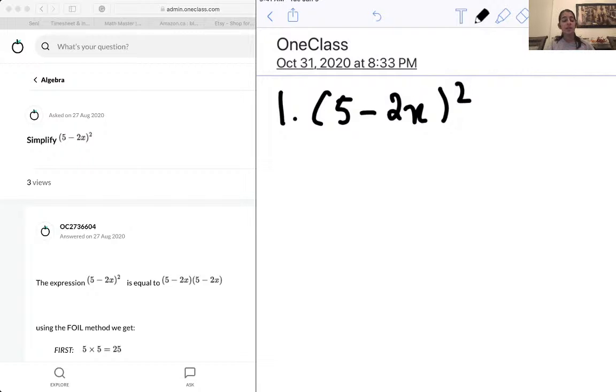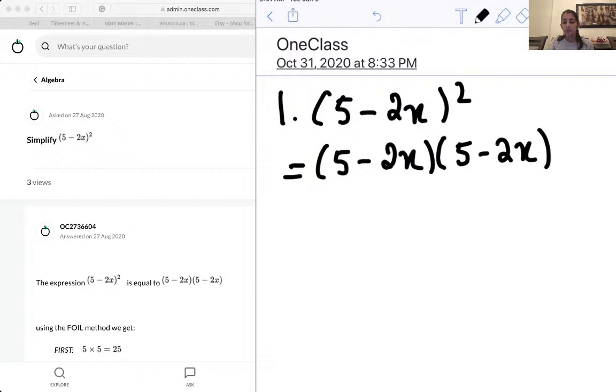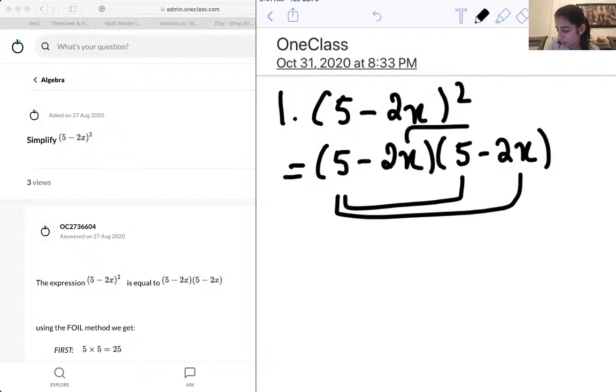So this is in condensed form. We can change this into expanded form, which equals 5 minus 2x being multiplied by 5 minus 2x. We can then use the FOIL method and distribute it like that. So first and second, and distribute this with this.